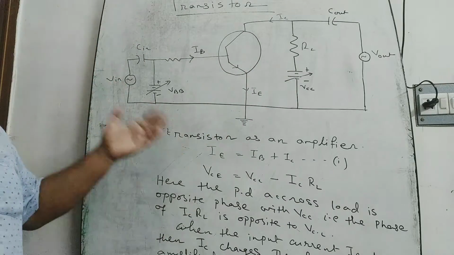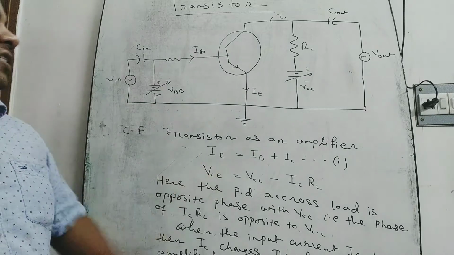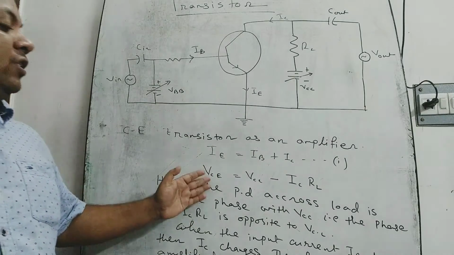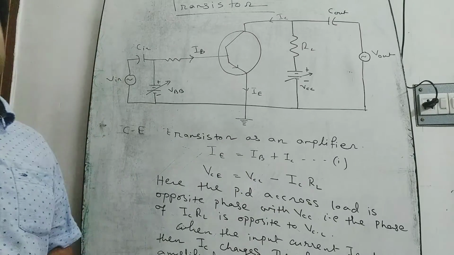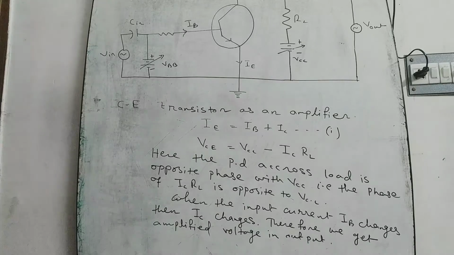Therefore, we can get the amplified output signal as VCE. The following graph shows the amplification, or the variation of the output signal with the variation of the input signal.